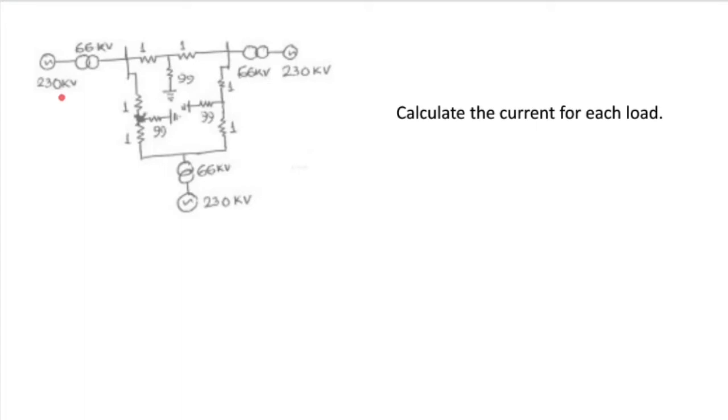One is coming from a 230 kV line and then connected to a transformer, stepping down the voltage from 230 kV to 66 kV. It is the same on the other side, a 230 kV source connected to a transformer, stepping down the voltage to 66 kV. Then these lines are called bus, BUS.